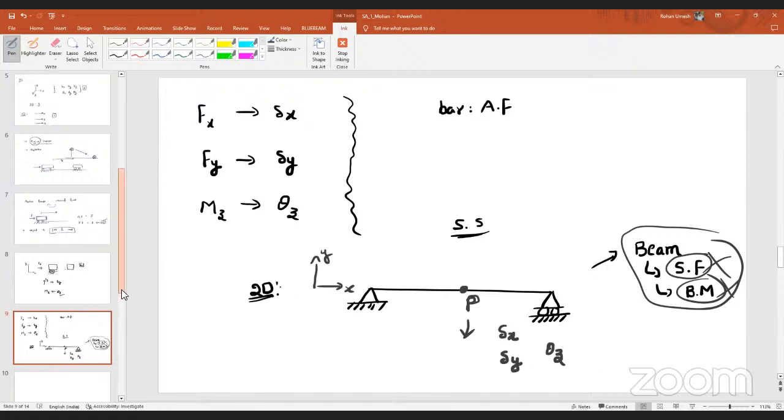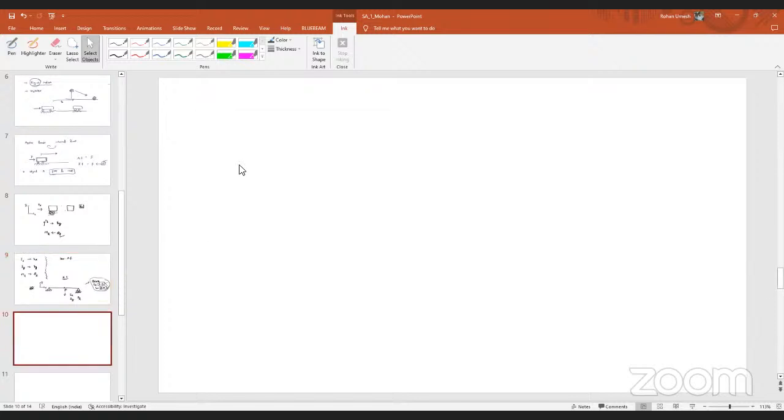Now, let us say we are talking about the hinge joint. I think you might know, right? How many reactions are possible at the hinge joint? What are they?